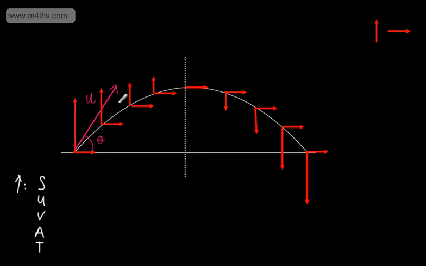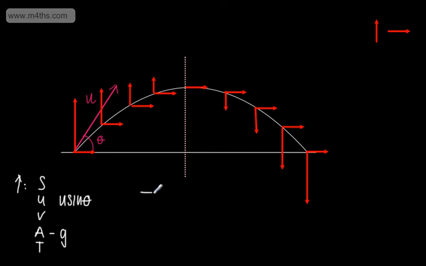If we consider the vertical component of this velocity, it will be u sin theta. So we can write that this is u sin theta. We know that the acceleration is going to be minus g. g is 9.8 meters per second squared. This projectile is simply acting now under the influence of gravity.